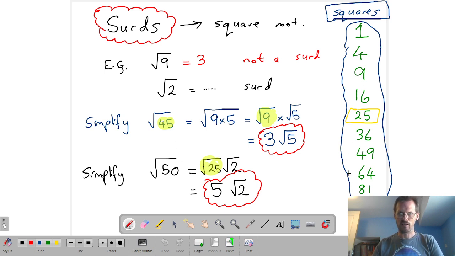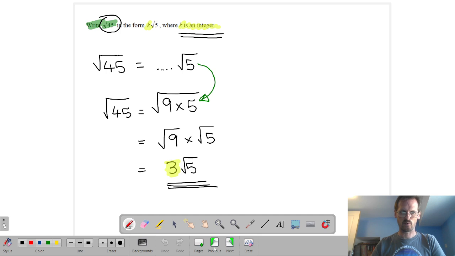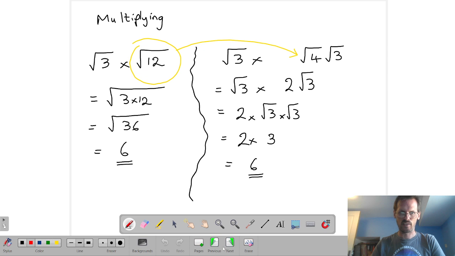Simplifying just by breaking them into one of the easy numbers to square root. Adding and subtracting by simplifying to get the same square root and then just adding and subtracting. Simplifying in the exam question type wording. Multiplying, either multiply them directly or simplify and then multiply.